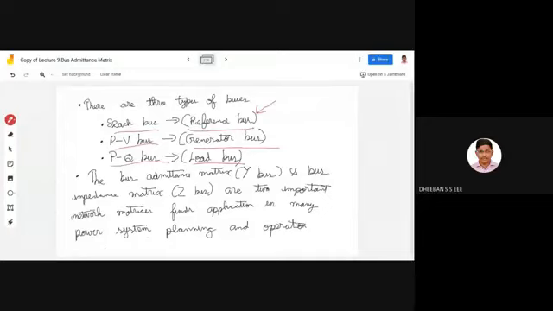Okay, and the power system network can be simplified basically with two important tools. First one is the Y-bus matrix, so that's what you're going to see today, and the second one is your bus impedance matrix. So your first unit revolves around these two matrices.